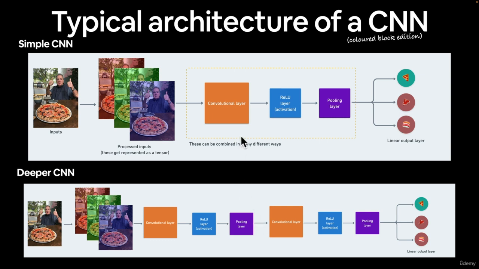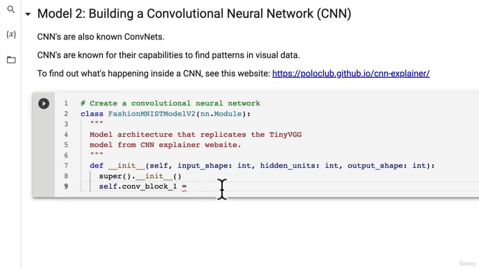So to add to the confusion, a block is comprised of multiple layers, and then an overall architecture is comprised of multiple blocks. The deeper your models get, the more blocks they might be comprised of, and the more layers those blocks may be comprised of within them. So it's kind of like Lego, which is very fun.